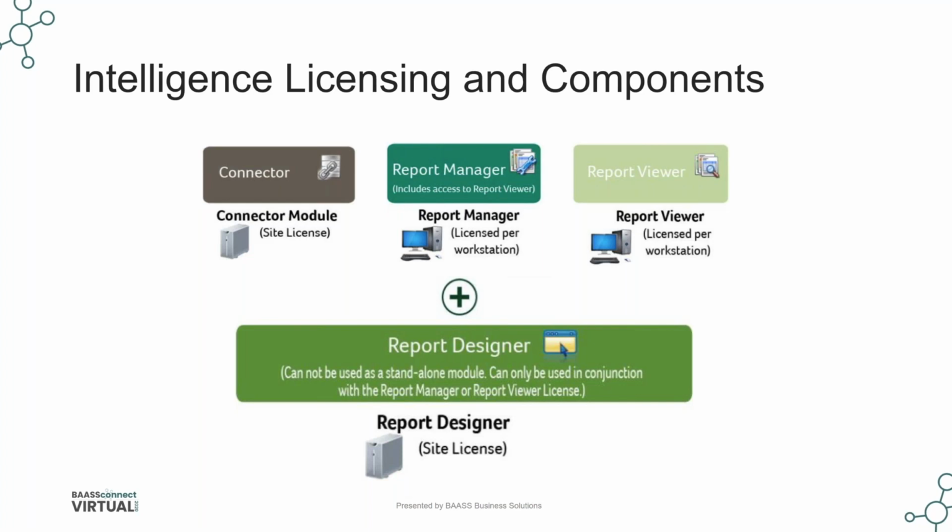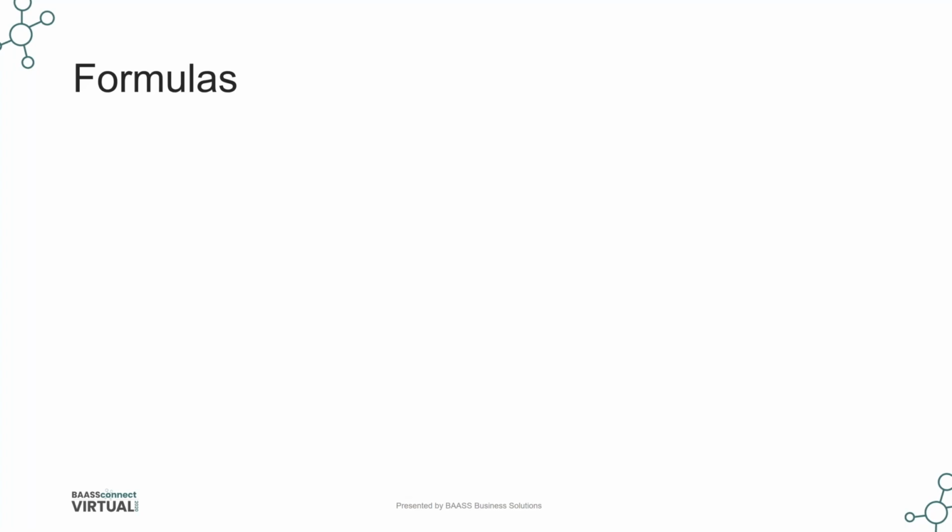However, it is not entirely the same as per user or per named user licensing, simply because through License Manager, you are able to reallocate licenses as required. Okay, so let's quickly dive into some PowerPoint slides, and we'll jump into the solution formulas.